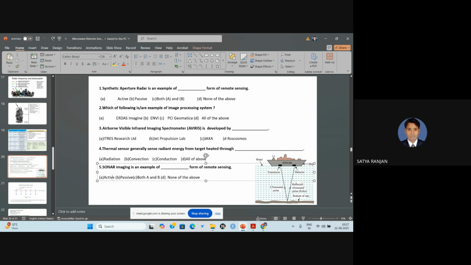It is an active imaging system because it creates its own source and the signal is reflected back. It creates an ultrasound pulse and then receives this ultrasound pulse, so the time difference is calculated. Then it measures the height and depth information of the ocean.